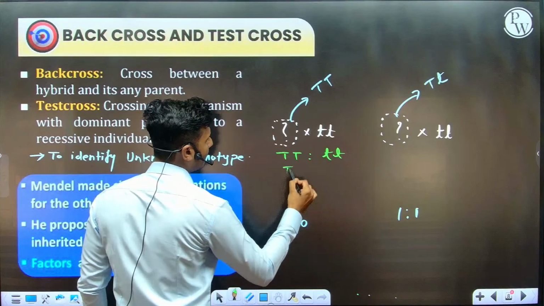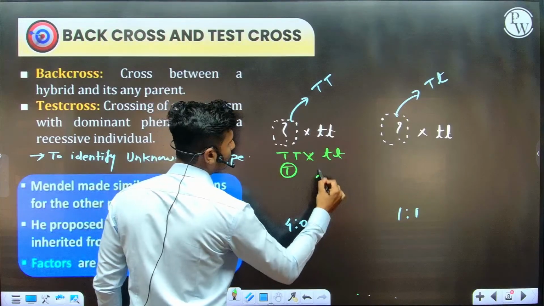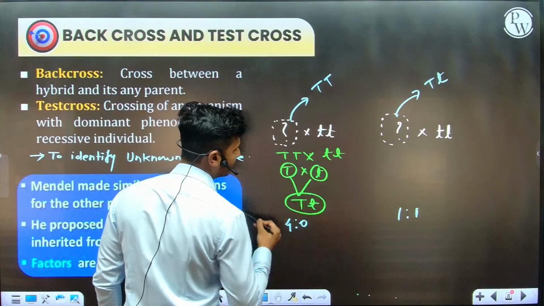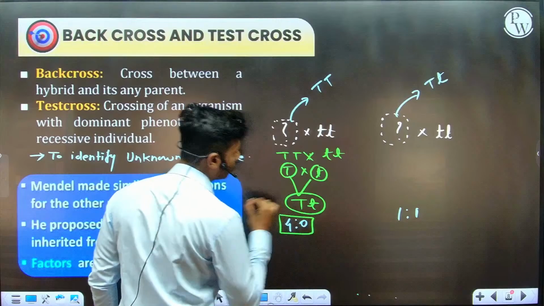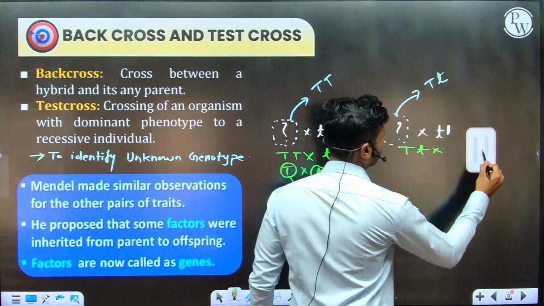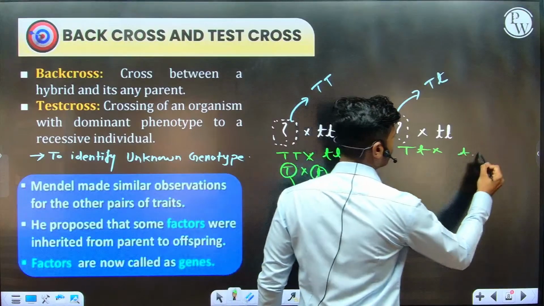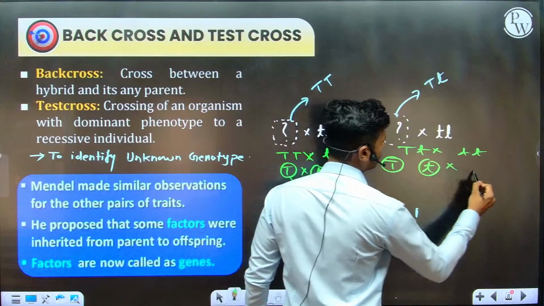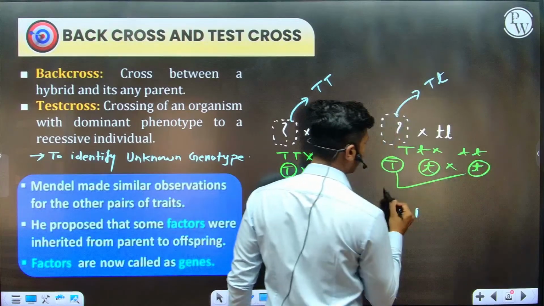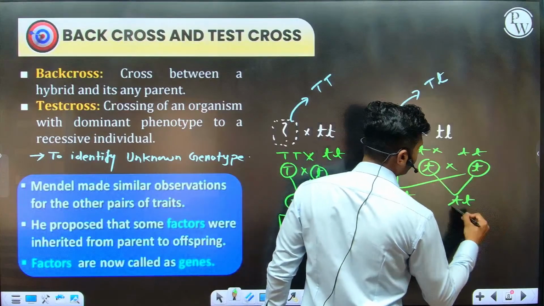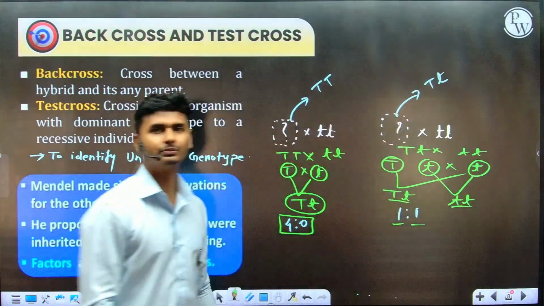Here only one type of gamete is going to form, and all four are capital T small t, that is a 4:0 ratio. Now here capital T small t cross with small t: one gamete is capital T, another gamete is small t, another gamete is small t. First cross capital T small t, tall; small t small t, dwarf; 1:1 ratio.